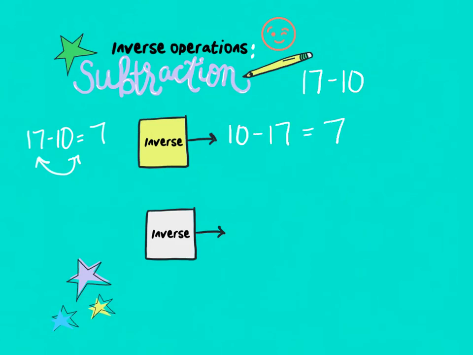Does that equal 7? No. Okay, I can't have 10 and take 17 away unless I want to get into negative numbers, and we're not going to do that today or right now in 5th grade. So you cannot flip inverse operations in subtraction.